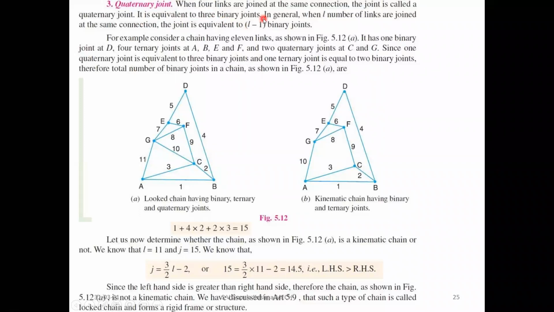In case you have one quaternary joint in our mechanism, it is equivalent to 3 binary joints. Keep this in your mind.